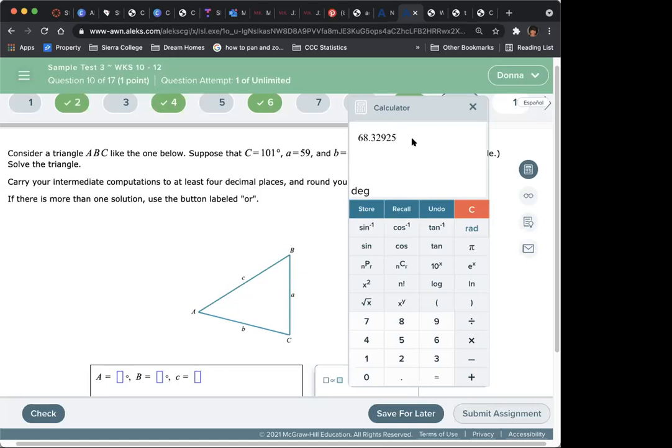When I write my answer, I'll write 68.3, but computation wise, I better do it to 4 decimal places. All right. So 3293. I'm just making sure in my notes that I'm writing down the 3293.